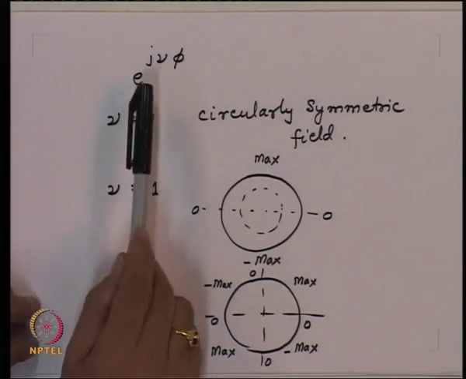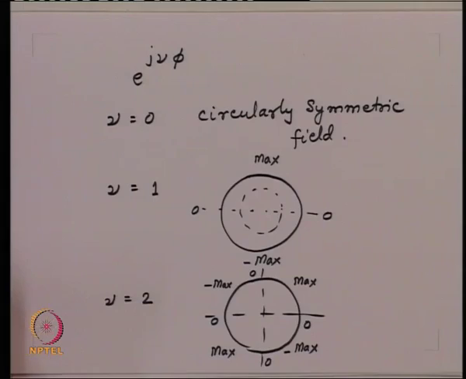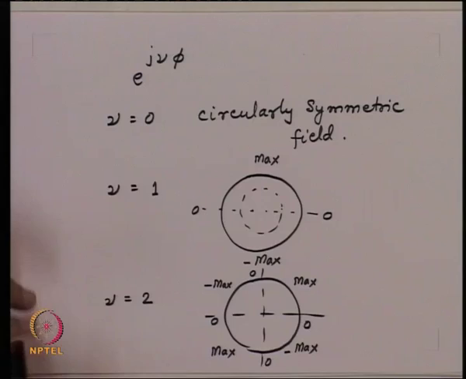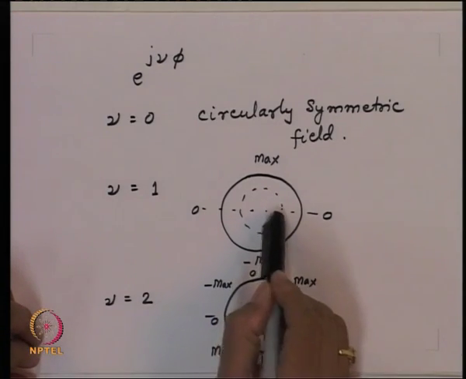So, this quantity, the index nu, essentially is telling us how the field amplitude is going to vary in the azimuthal direction for a given value of r and given value of z.